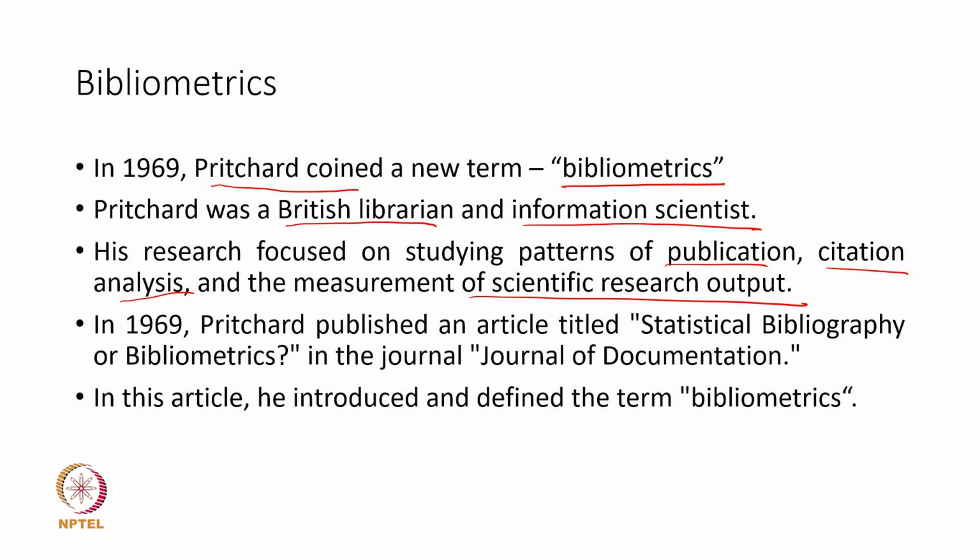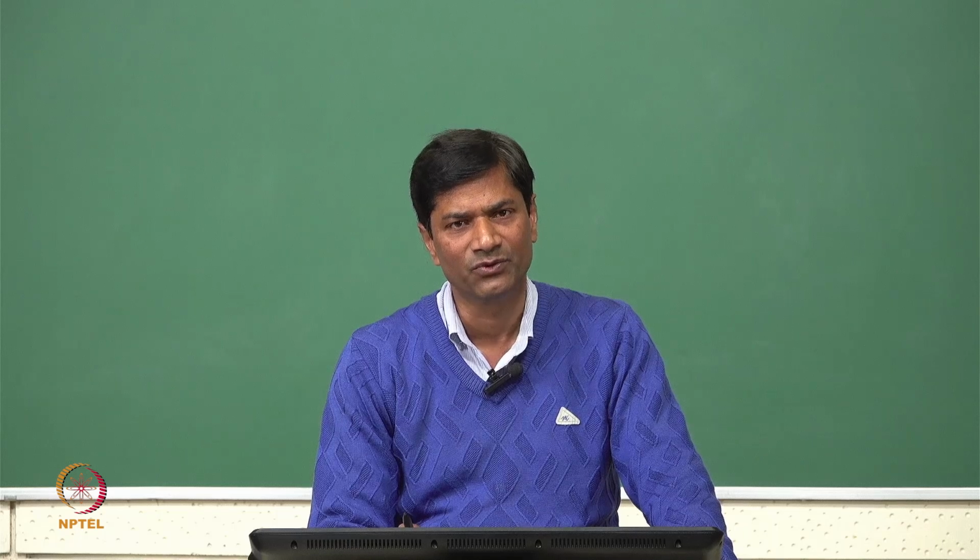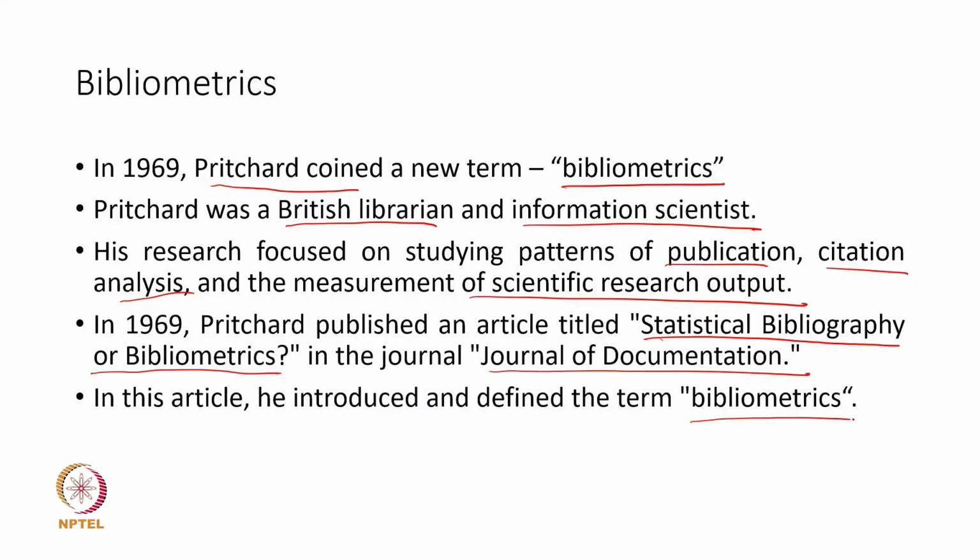And in 1969, Pritchard published an article. The title of the article was "Statistical Bibliography or Bibliometrics" in the Journal of Documentation, and in this particular article, he introduced and defined the term bibliometrics.